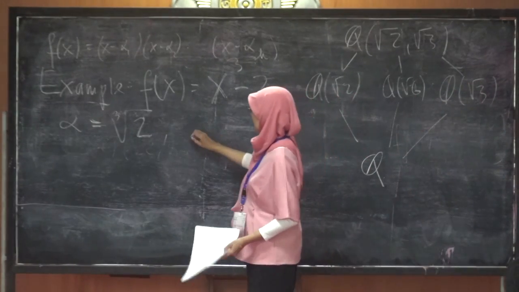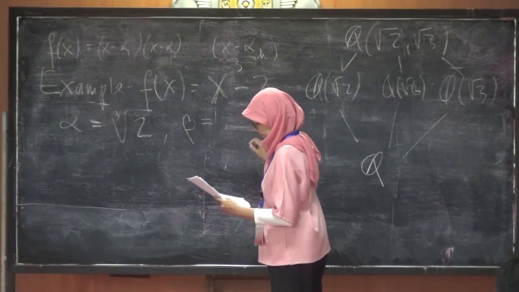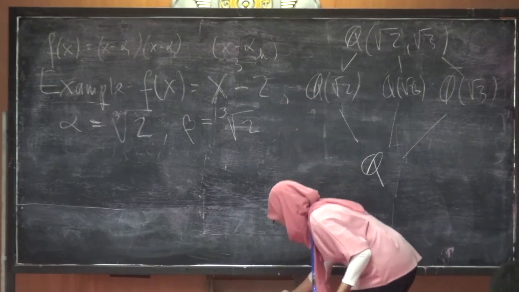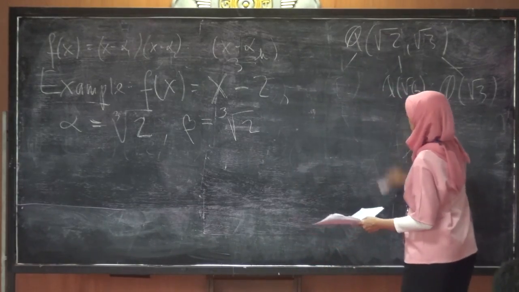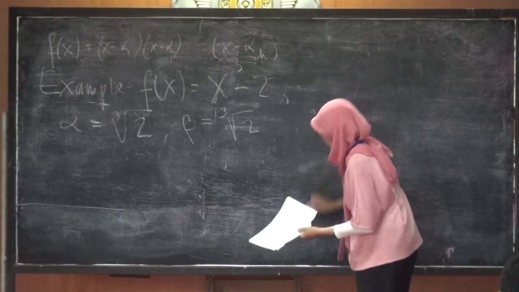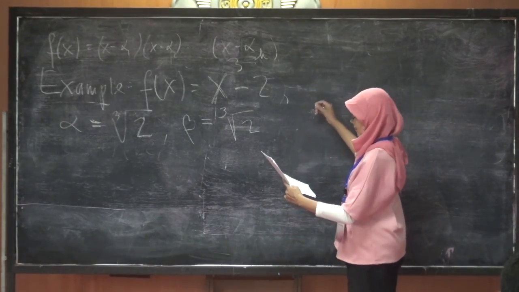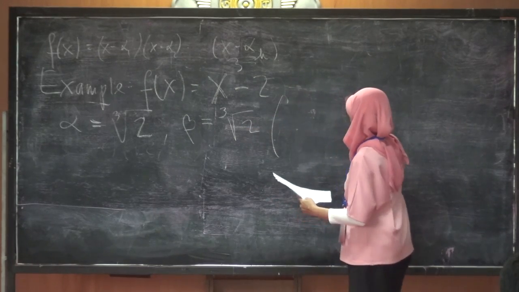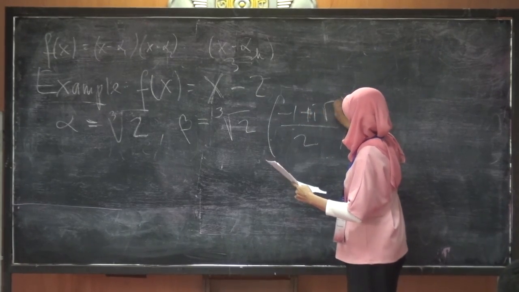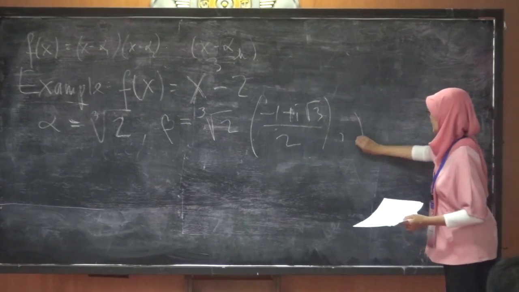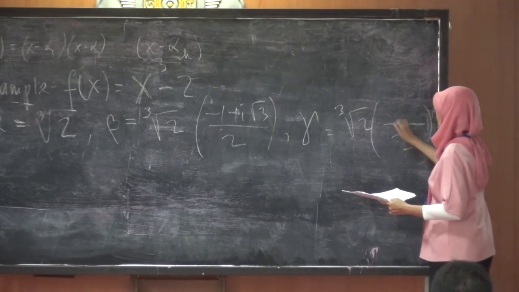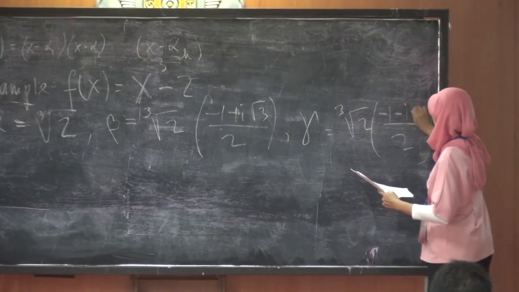So the other roots, call it beta, this one times minus 1, and also gamma, minus i.